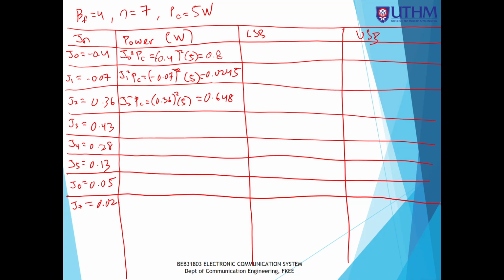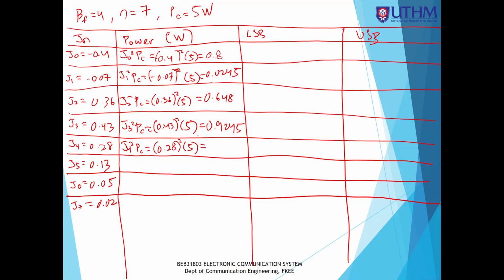Okay, and then here is J3. So how much is this? This is 0.9245. Okay. J4 squared PC is equal to 0.28 squared times 5.